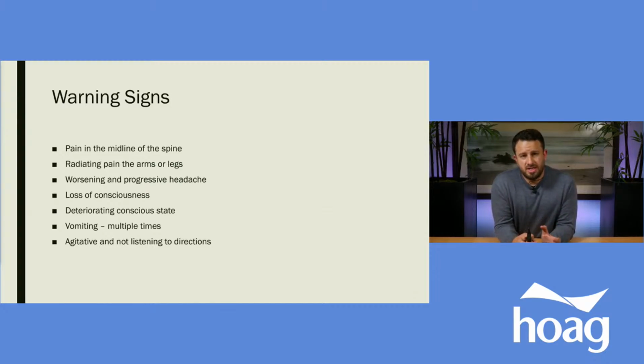This can go with just a concussion, or it can go with some closed head injury that's worse, including a brain bleed. Deterioration, or someone that's worsening, they're getting violent, agitated, wanting to fight what parents or coaches are asking, that would be a reason to really keep an eye on them. And then vomiting multiple times is also another warning sign.